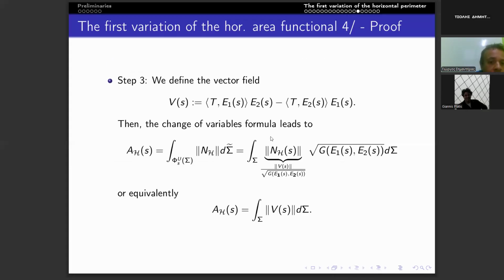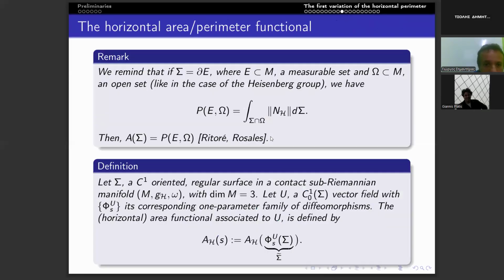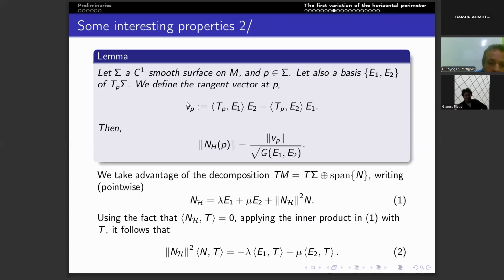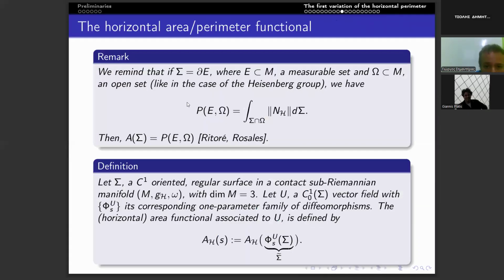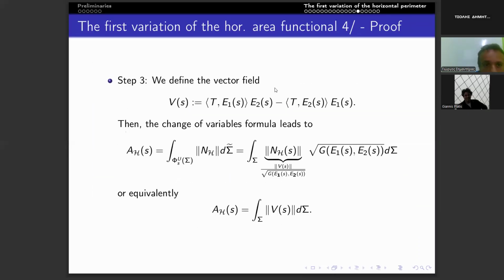And in the third step, we just want to use this lemma here. So somehow we need to construct a vector field of this type, of this Grassmann type, let's call it. So we define the vector field Vs here, and then we can use the change of variables formula.